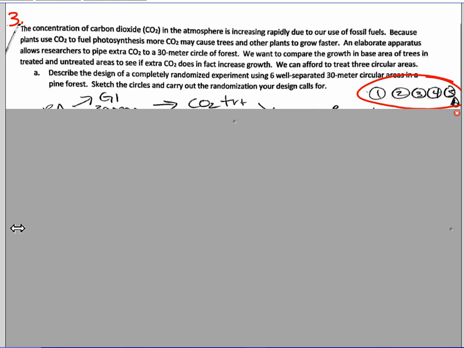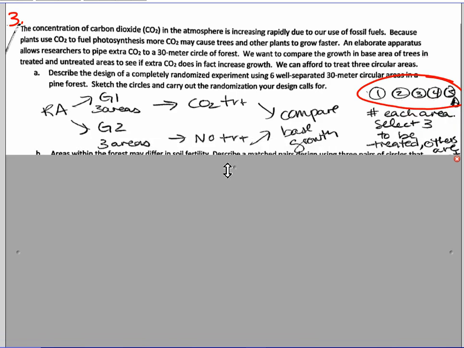So I'm going to randomly allocate the 6 circles into group 1 and group 2. Group 1 has 3 areas, group 2 has 3 areas. Group 1 is going to get the CO2 treatment, group 2 is going to get no treatment, and then I'm going to compare the base growth.